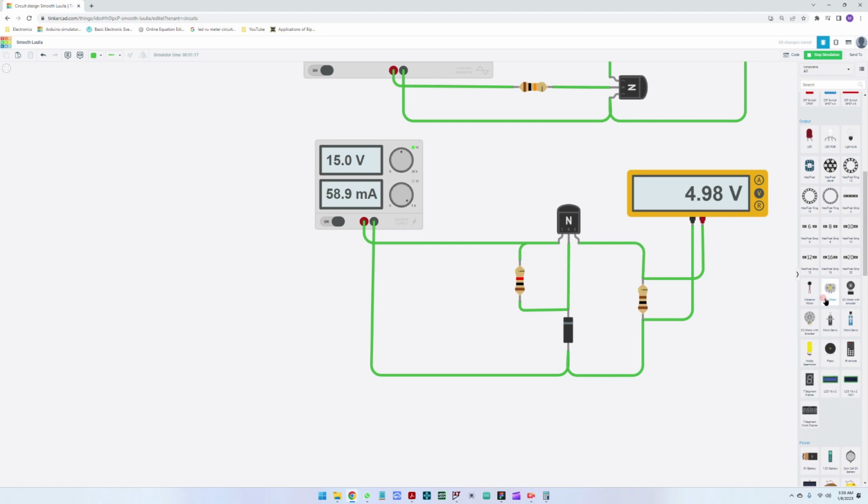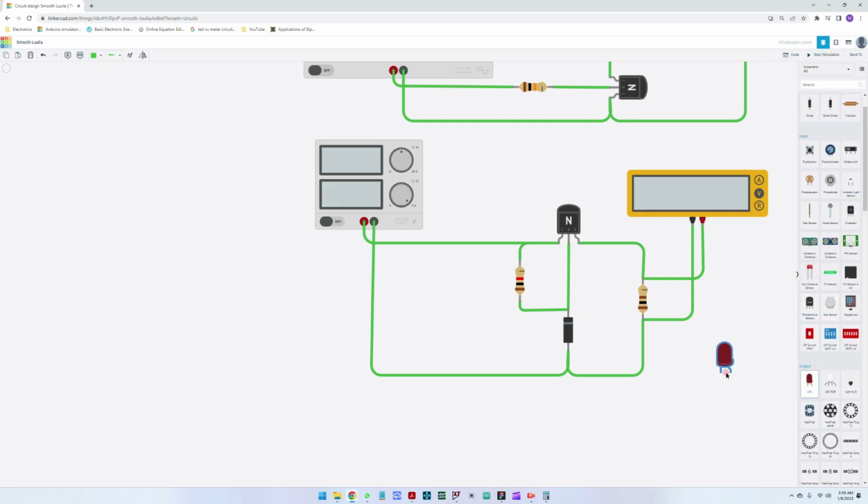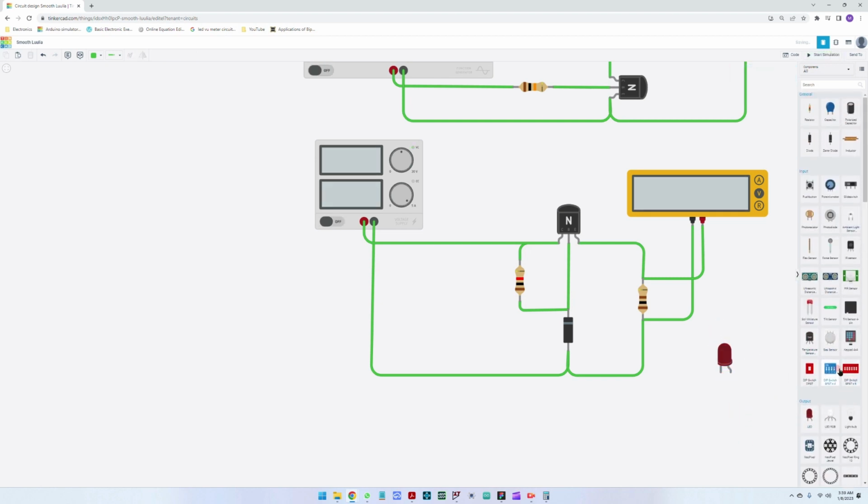So let us add an LED and a button, because we need to switch the LED on and off. Let me rotate the anode to be on the top side. For the LED we need a resistor, so let me put here a 100 ohm resistor.